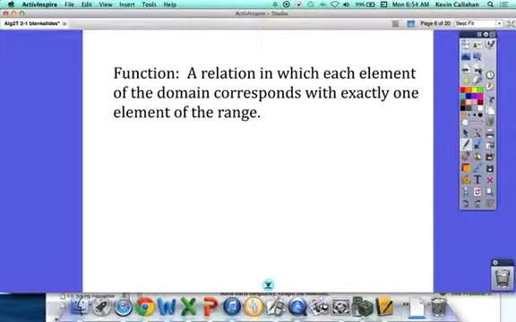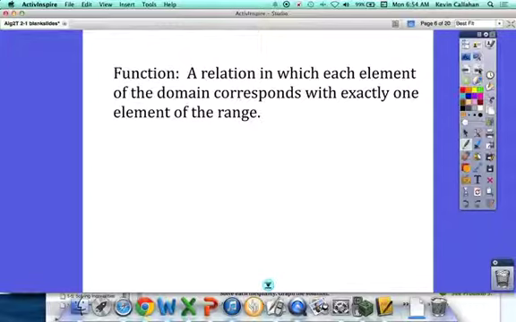For example, if you have a job where you're paid by the hour and you want to know how much will you get paid if you work 10 hours, you expect to get one answer. You don't expect to get, maybe you'll get $80, maybe you'll get $100. You expect one answer. In that sense, a function is a relation that works.